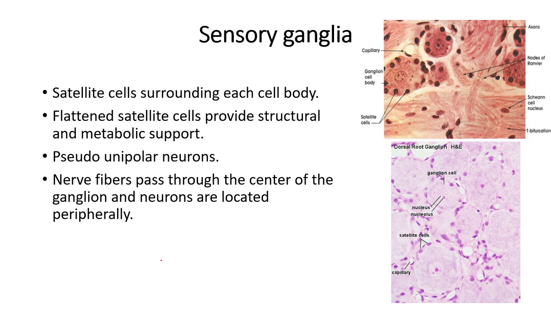First of all, sensory ganglia. The sensory ganglia receive the impulses from the periphery and convey them towards the CNS. Like what was the sensory neuron doing? Receiving information from the environment and giving it to the CNS.